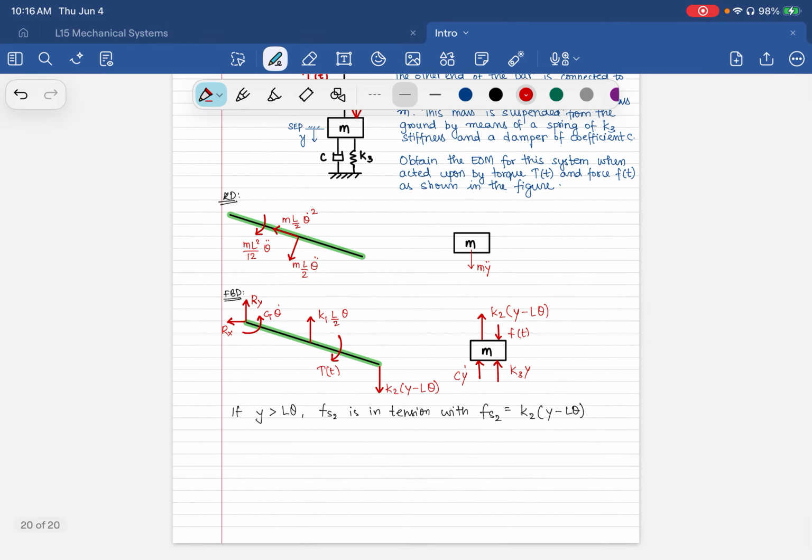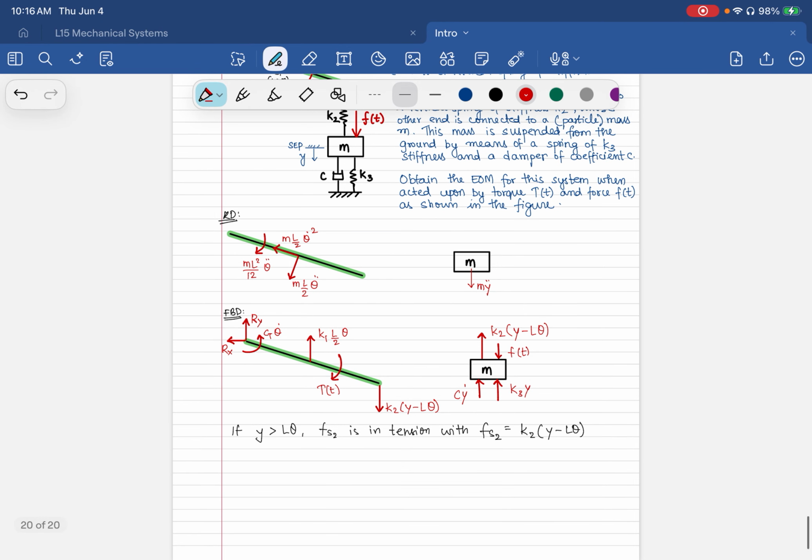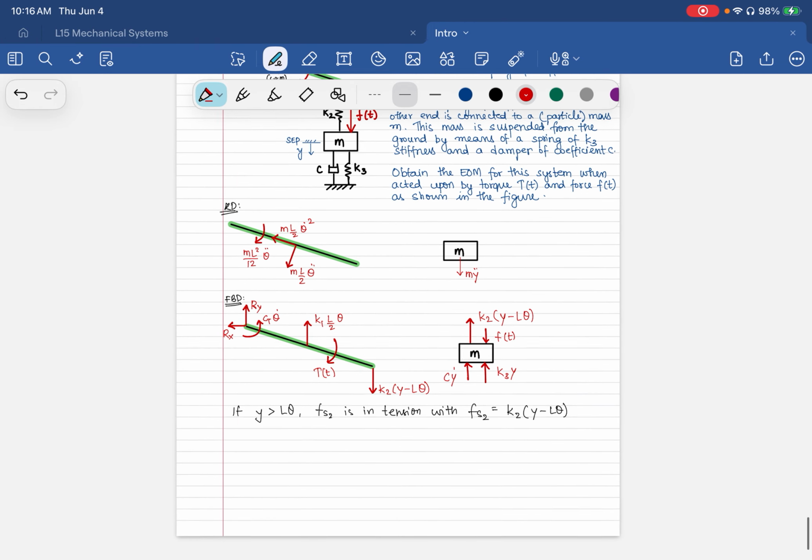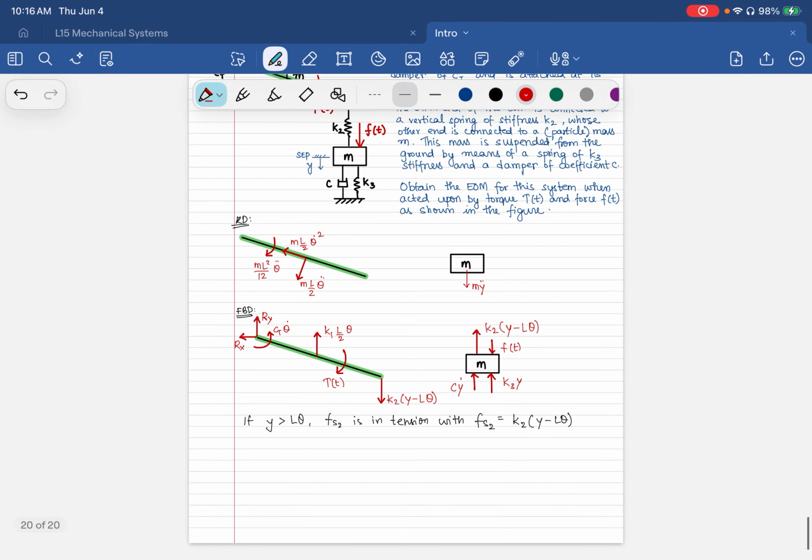Okay. So with this now, I can write down the equation of motion. We will have two of them, one for theta and one for y.